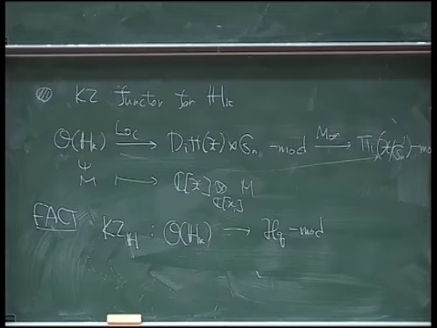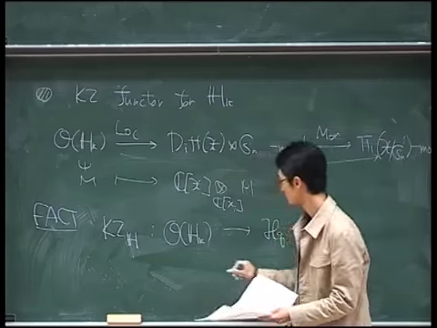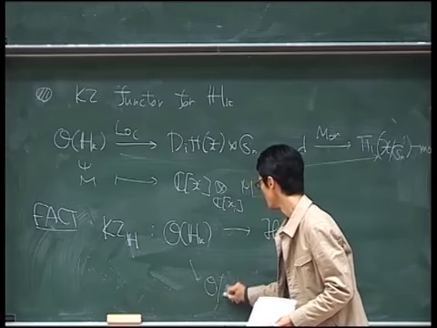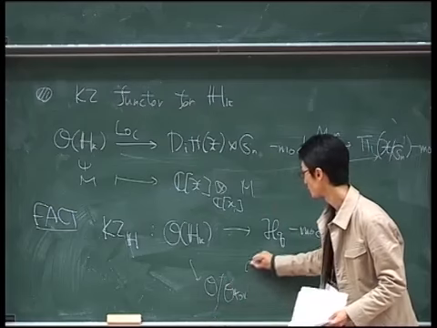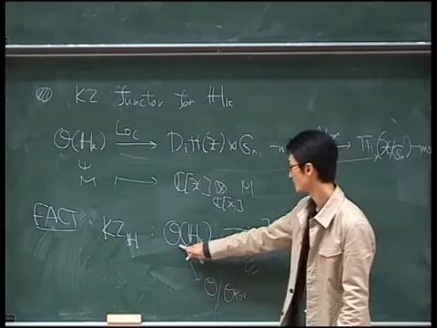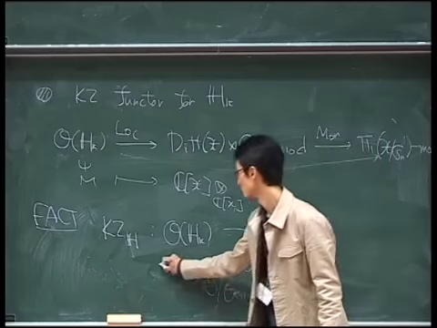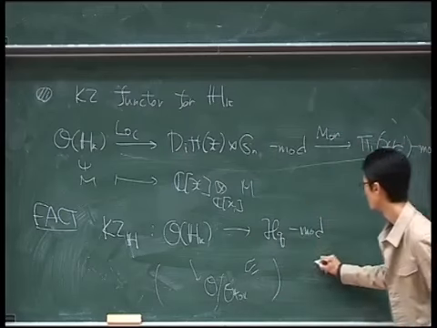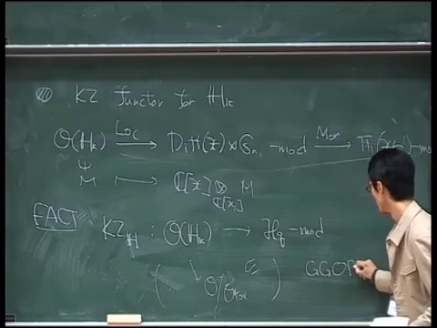Okay. And moreover, it has been shown that this induces a categorical equivalence between the quotient category of this and the module category of the Hecke algebra, as shown by Ginzburg, Guay, Opdam, and Rouquier.